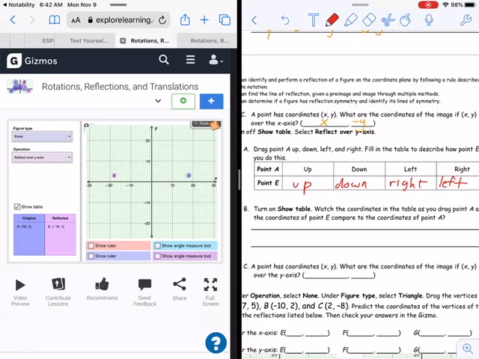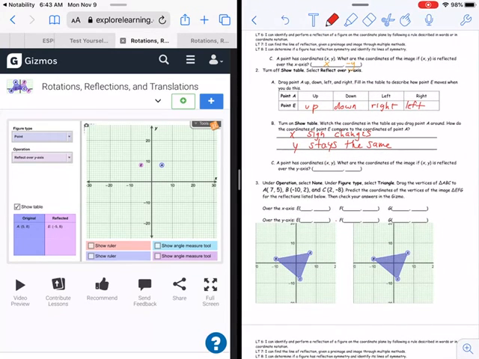And if we look at the coordinates, it's the same thing but different. Now X always has a different value, but Y stays the same. All right, X sign changes, Y stays the same.